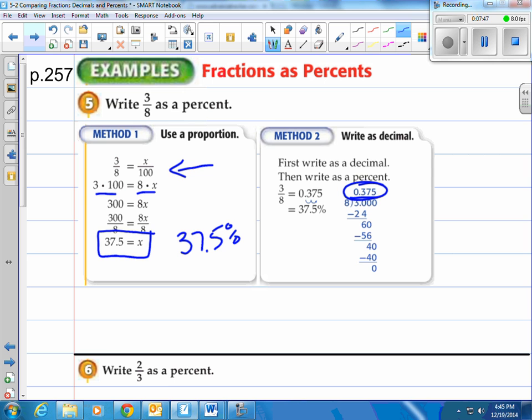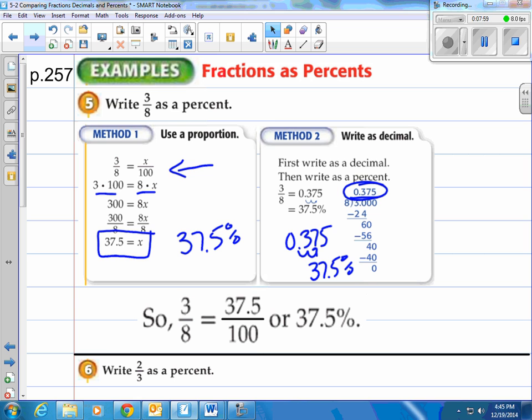Then you take your decimal, like we just talked about on the other page, and change it to a percent by moving it over 2 spots and adding the percent symbol. Either way works. So 3/8 is actually 37.5 out of 100, or what we wanted, 37.5%.